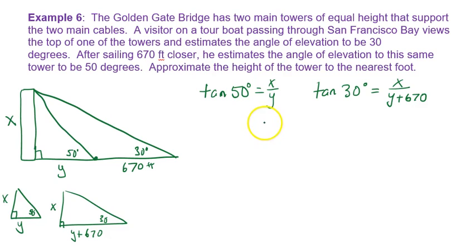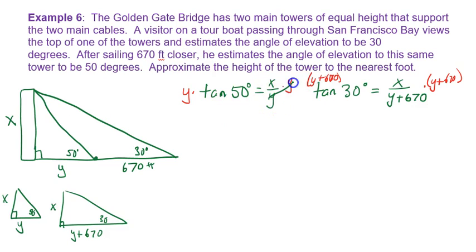The first thing that I always do before I even try to do that, though, is I get rid of the fractions. So I'm going to multiply by y here on both sides, and I'm going to multiply by y plus 670 on both sides here. And when I do that over here, I'm going to put it in parentheses, because if not, you'll get messed up because you do have something that's added.